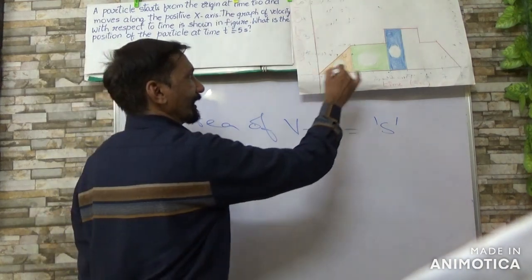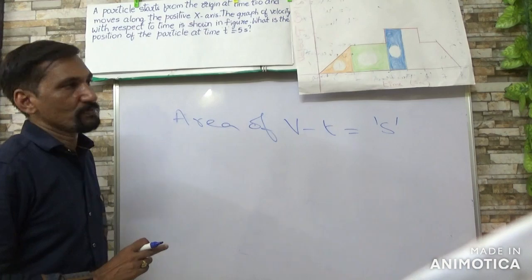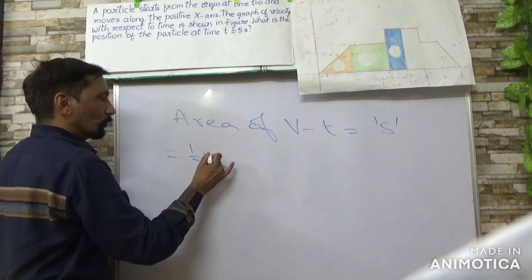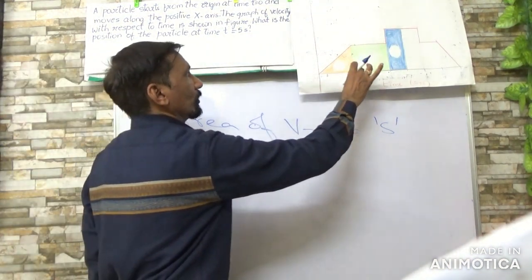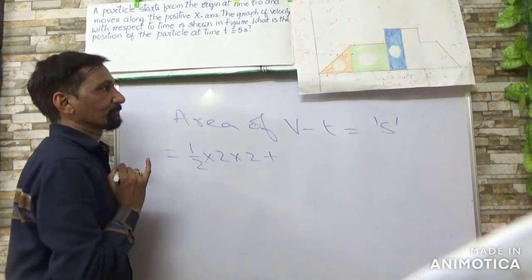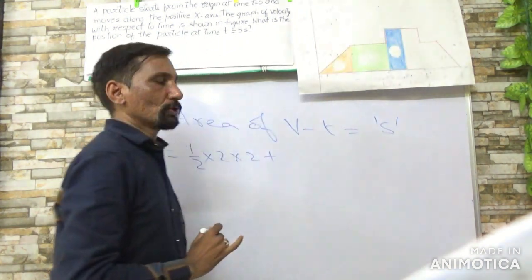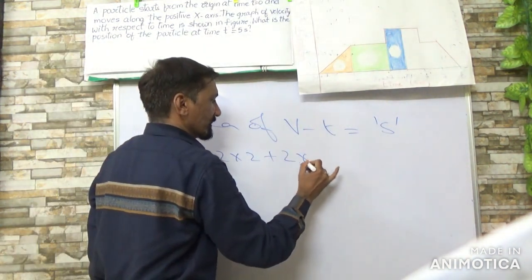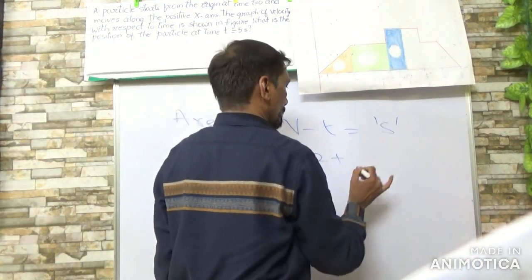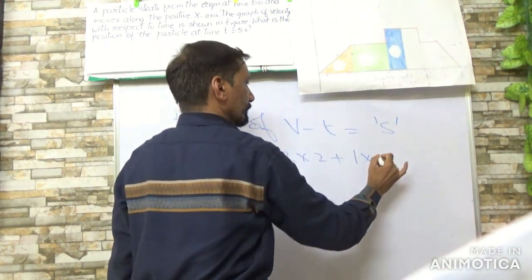So first one is a triangle, and moreover all are on the positive side, so they must be added. Triangle: half base into height, base and height are both 2, plus 2 to 4, difference 2, this is also 2, nothing but a square, plus 4 to 5, 1, difference 3.